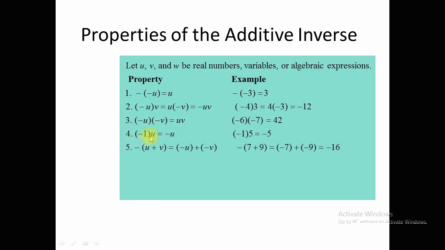And minus 1 times u can be written as minus u. For example, minus 1 times 5 equals minus 5. Similarly, minus of u plus v is equal to minus u plus minus v. For example, minus of 7 plus 9 can be written as minus 7 plus minus 9, which is equal to minus 16.